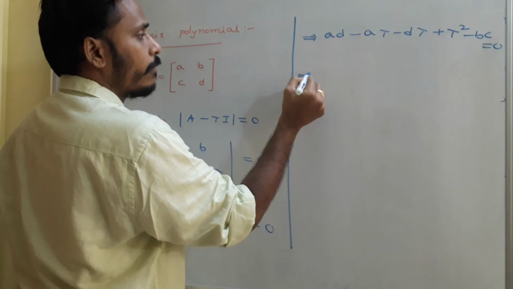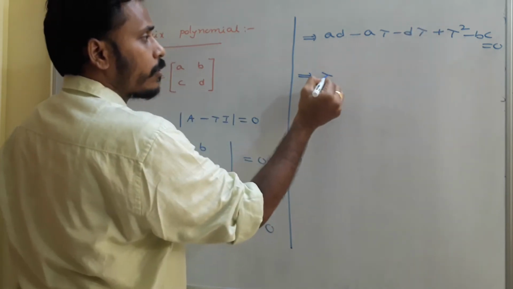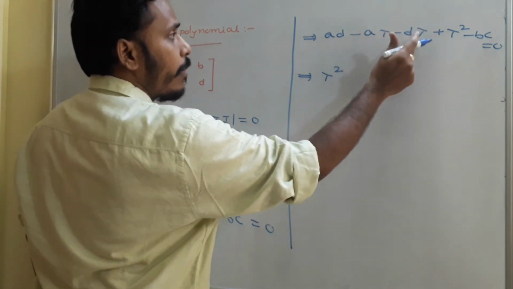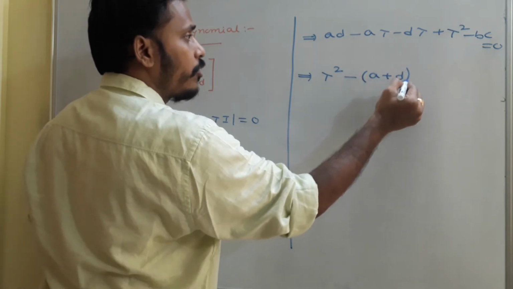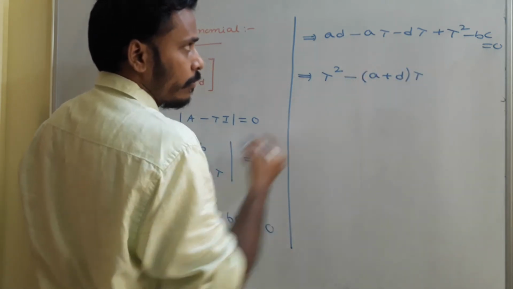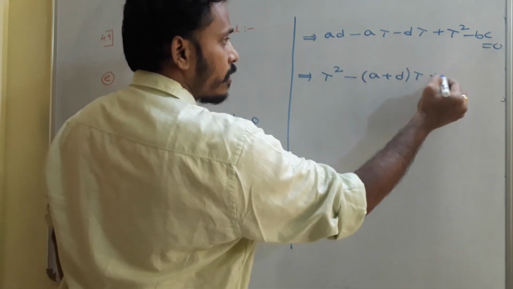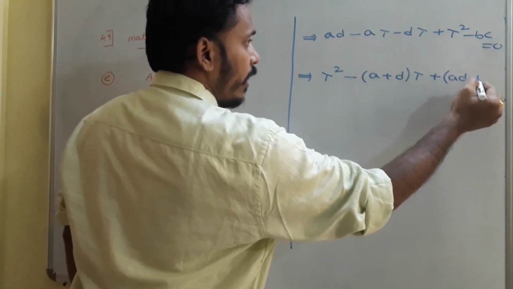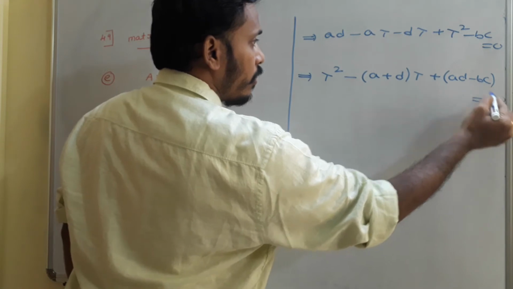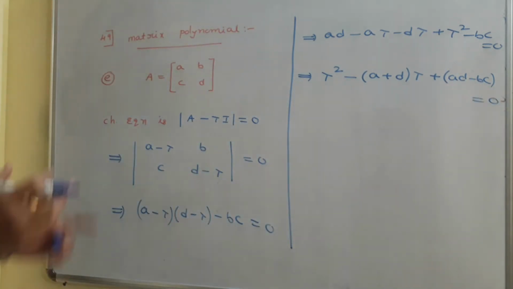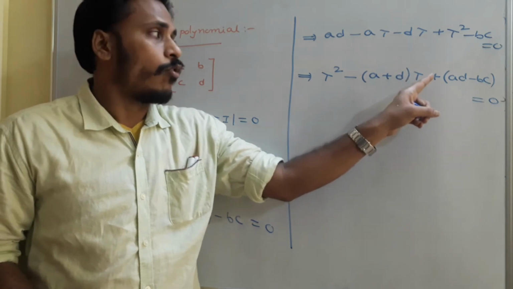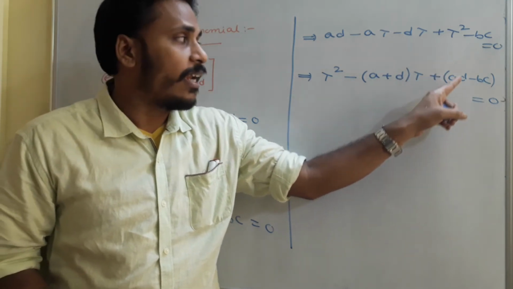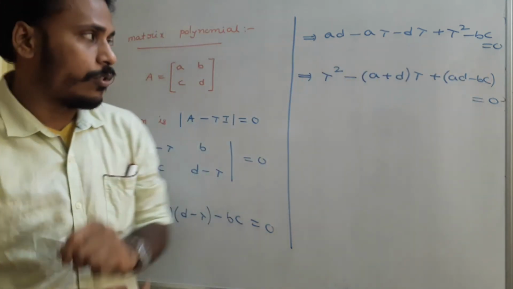And from there, lambda square, minus A lambda minus D lambda, is nothing but minus of A plus D times lambda, these two terms, plus AD minus BC is equal to 0. Have a look: lambda square minus A plus D times lambda plus AD minus BC is equal to 0.